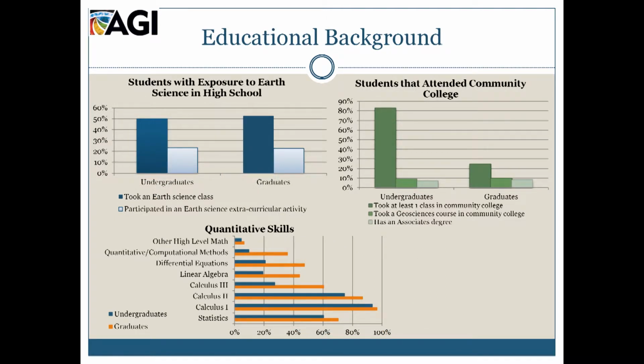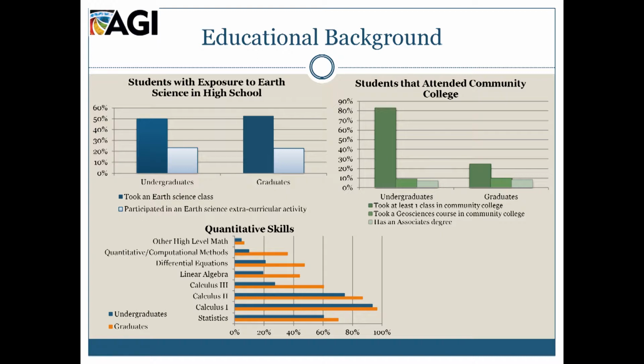The educational background of students that we surveyed, about 50% of all of our participants took an earth science class in high school, and a little less than that participated in some sort of extracurricular activity. In community college, we had a large number of undergraduates that attended at least one course in community college, but as you can see, it wasn't a geoscience course normally.